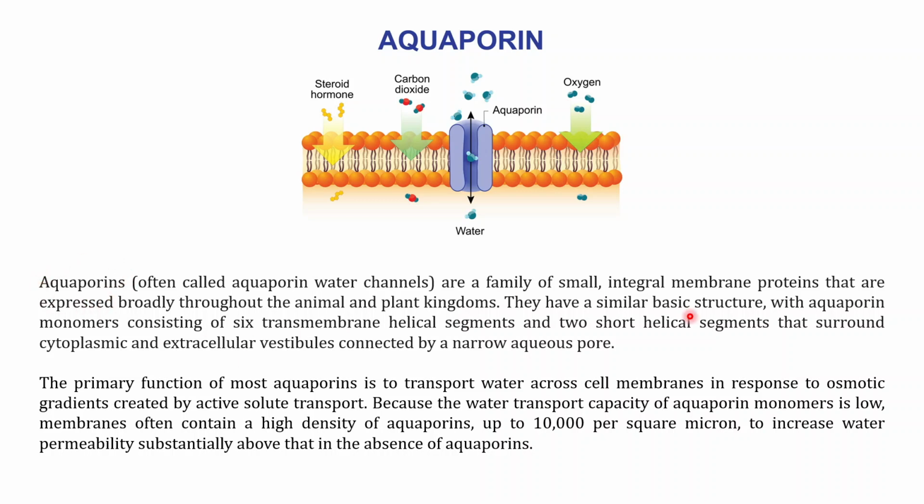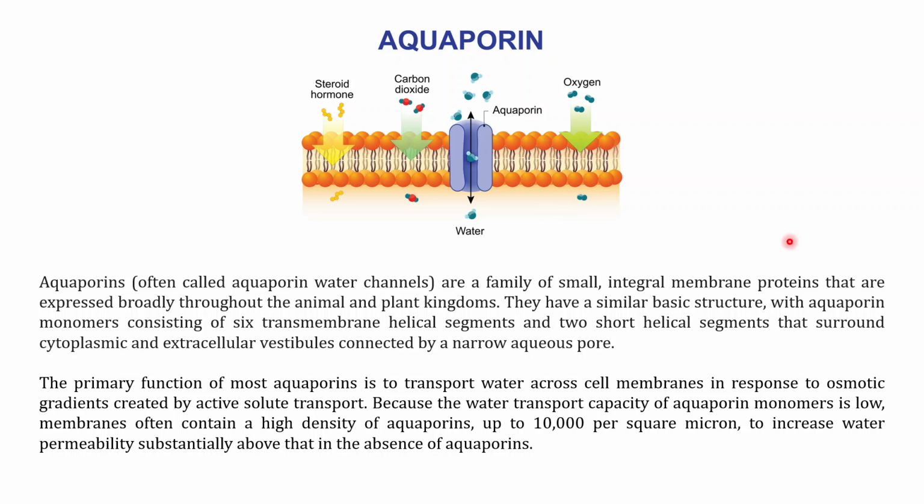It's not found in all types of cells. They're small integral membrane proteins, which are basically those that are embedded inside the membrane. They have portions on both the intracellular and extracellular sides, right?